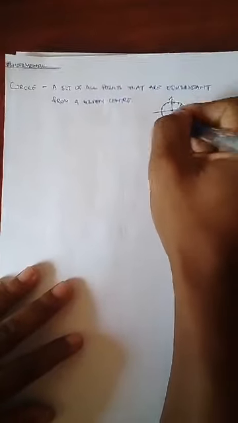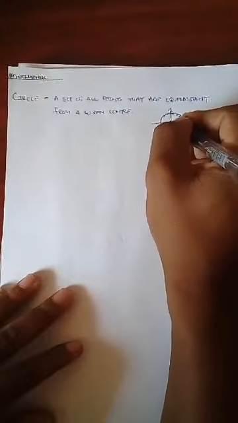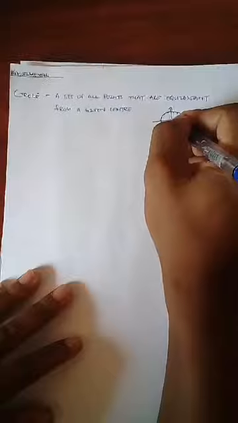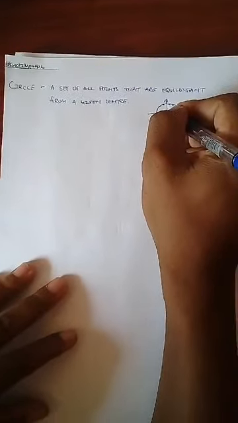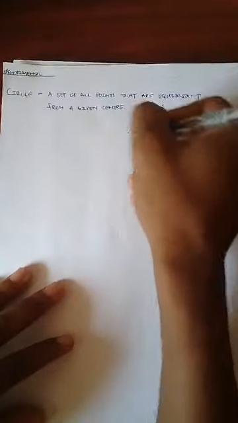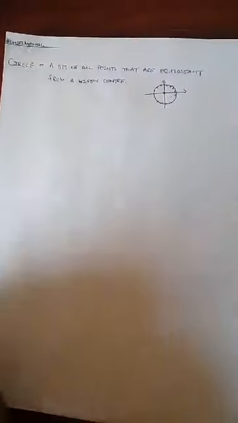All these points are of equal distance from the center. So this point there from the center is of equal distance with that one. Joining these points together gives you the idea of a circle. So it's just a set of points that are equidistant from a given center, right?